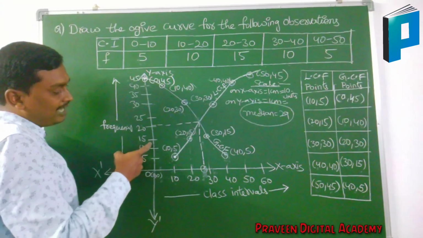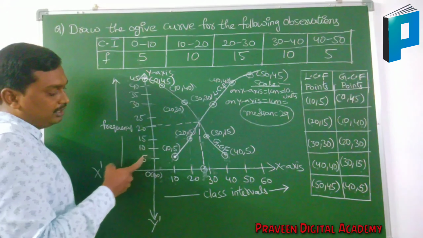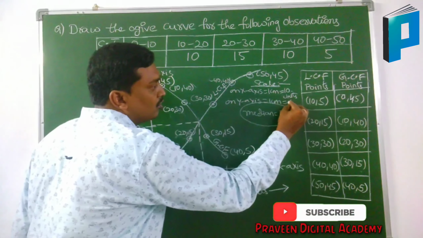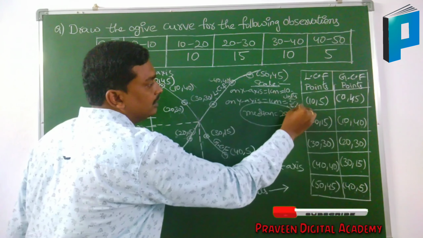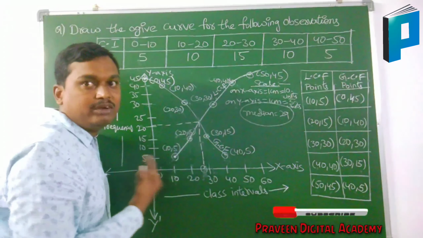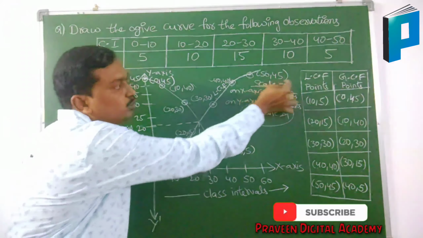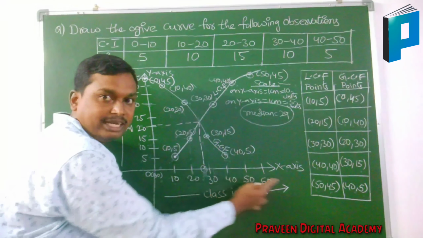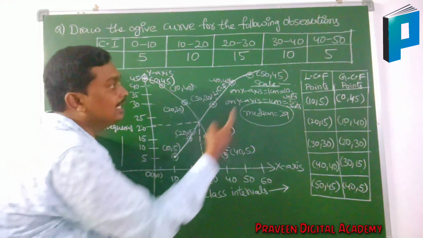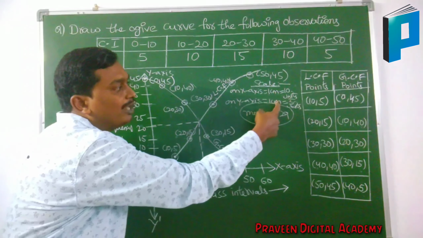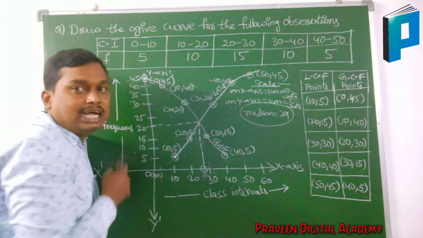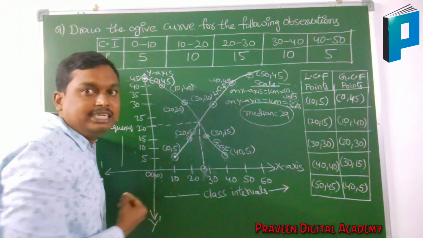What is the gap between two numbers? Here 5, 10, 15, 20. The gap is 5, so 5 units. The scale is very important. You should write how many units you have taken for 1 centimeter on the x-axis and on the y-axis.